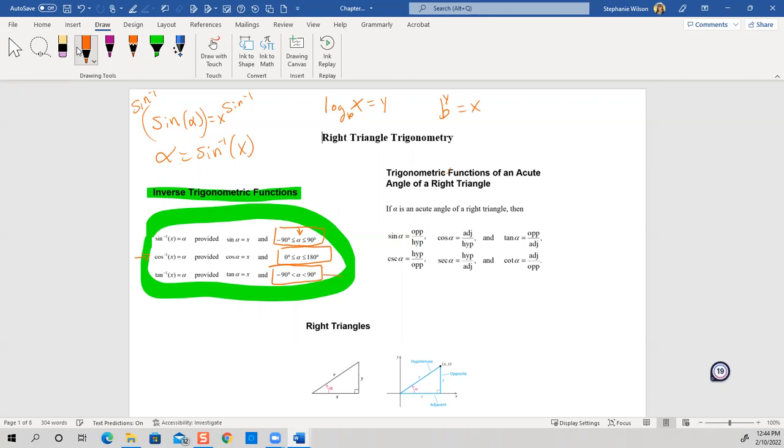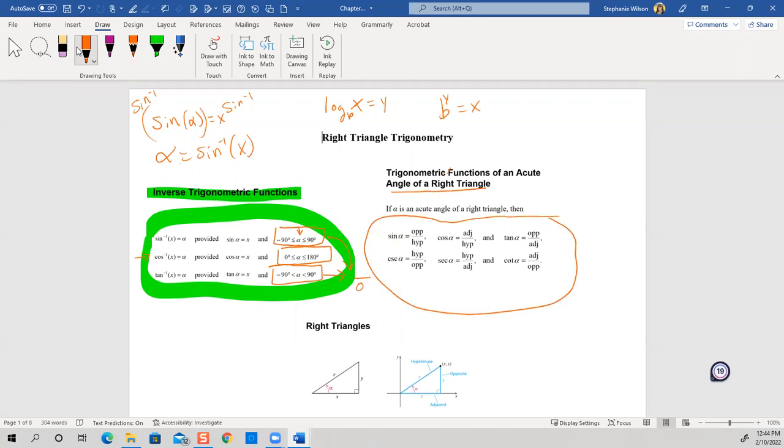The reason tangent falls between the same as the sine is because we can't have 0 in the denominator. This goes back to the previous section that I had spoken about when we were solving for tangent. Here are the trigonometry functions of an acute right triangle. I would definitely memorize these.